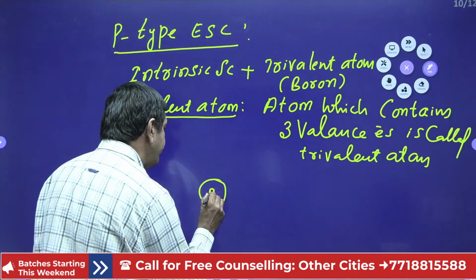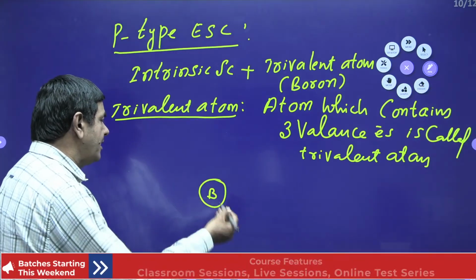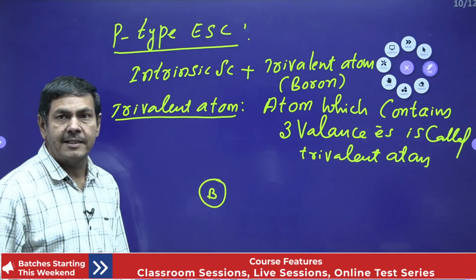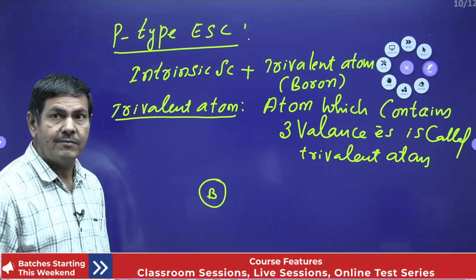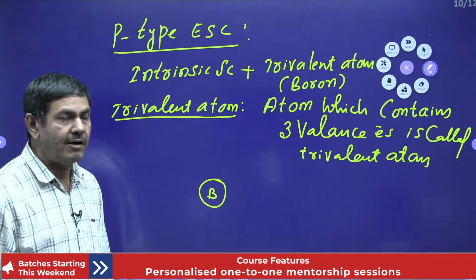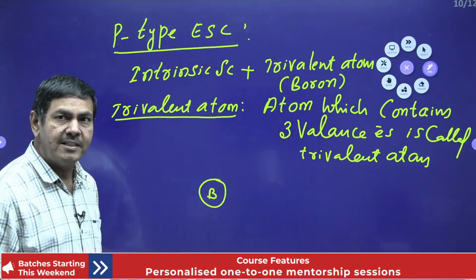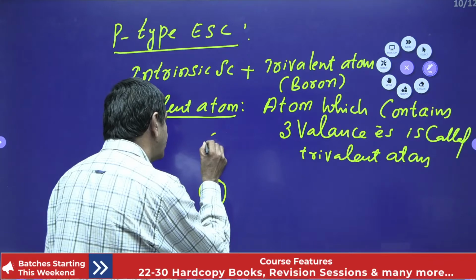Boron is nothing but B. Whenever boron is doped with an intrinsic semiconductor like germanium or silicon, it can form covalent bonds by sharing electrons with the surrounding silicon or germanium atoms. How? Please watch.